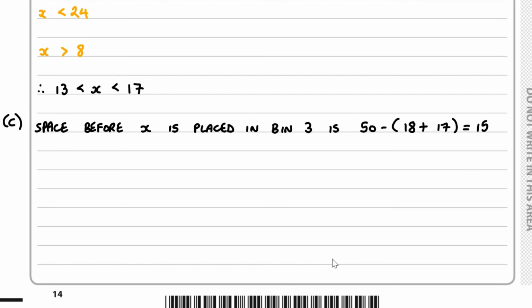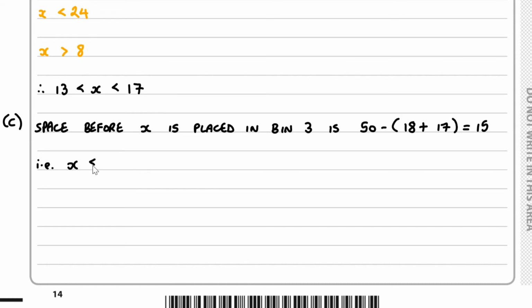So the space before x is placed in bin 3 is 50 minus the sum of 18 plus 17, which is 15. So that means that if x is placed into bin 3, that means that x will be less than or equal to 15.